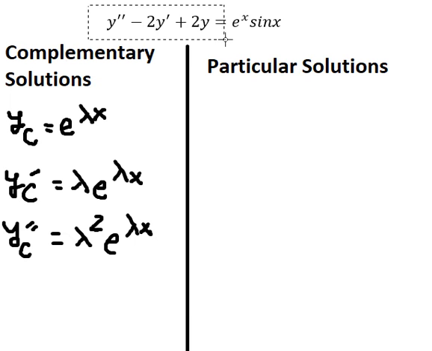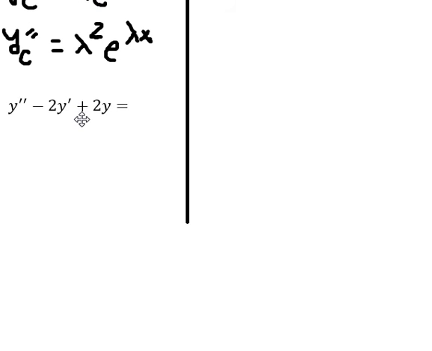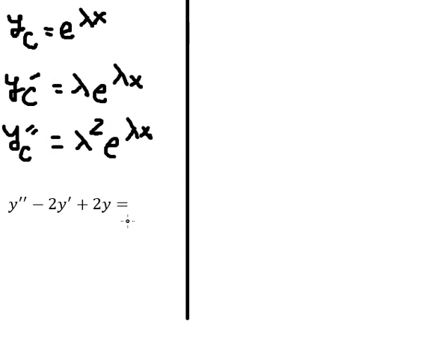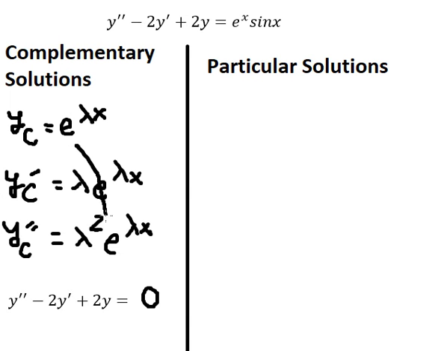Now we have this one. Because this is about complementary solutions, I will put this equal to 0. So I put this one in here, this one in here, and this one in here.